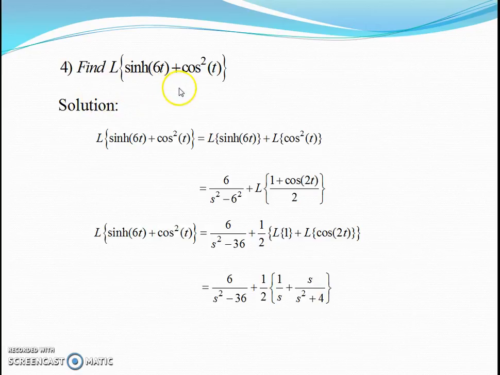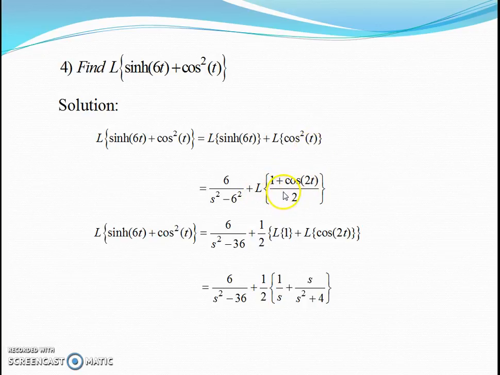Find Laplace transform of hyperbolic sine 6t plus cos square t. First of all, simplify cos square t, express it in terms of multiple angle, so that Laplace transform of hyperbolic sine 6t plus cos square t equals Laplace of hyperbolic sine 6t plus Laplace of cos square t. That is equal to Laplace of hyperbolic sine 6t, which is 6 upon s square minus 6 square, plus cos square t, which can be expressed as 1 plus cos 2t upon 2.